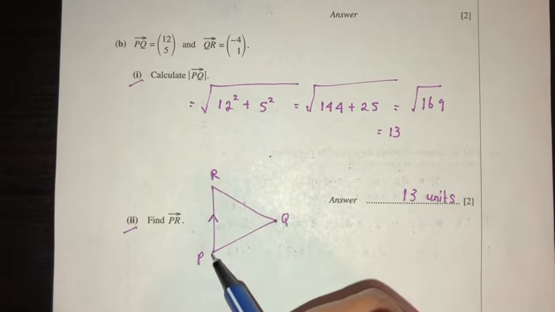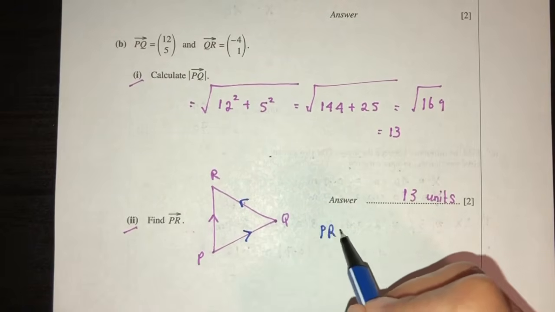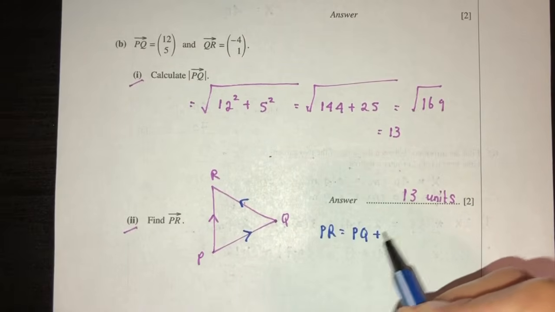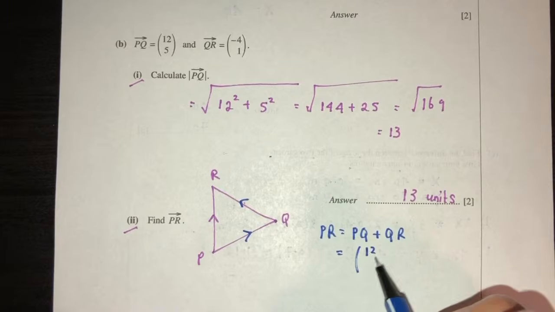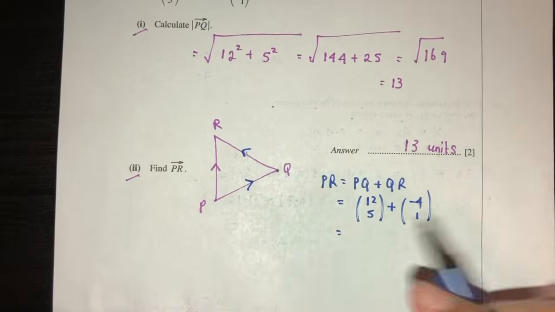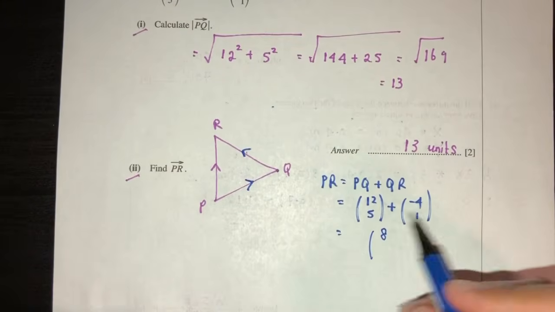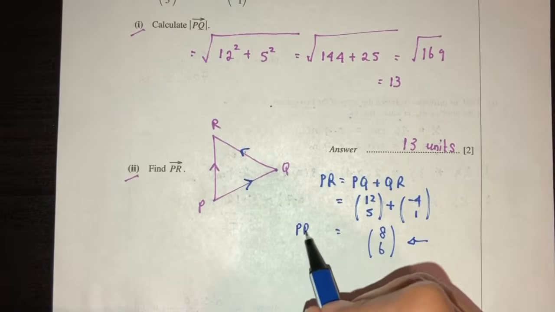First you have to go from P to Q, then Q to R. So PR is given by PQ plus QR. PQ is 12, 5, and QR is minus 4, 1. So 12 minus 4 will be 8, and 5 plus 1 will be 6. That will be your value for PR.